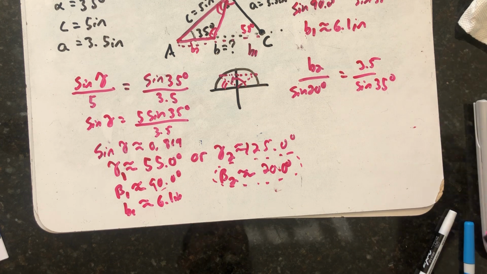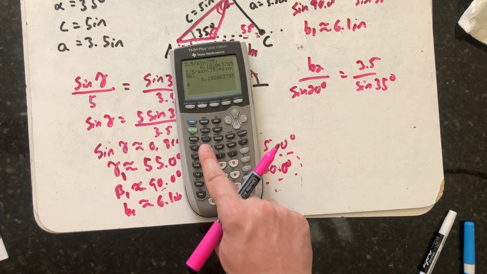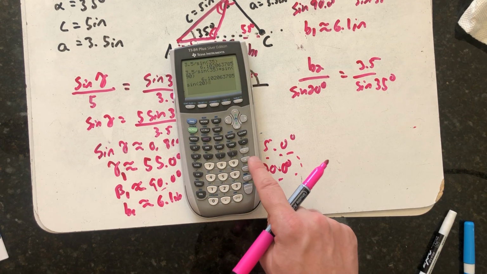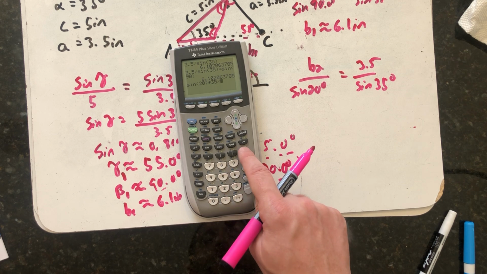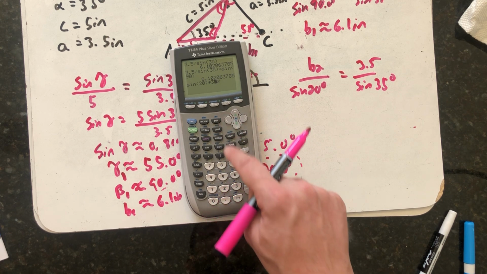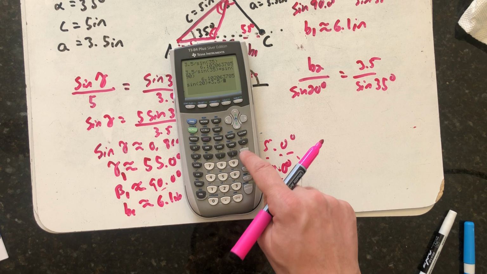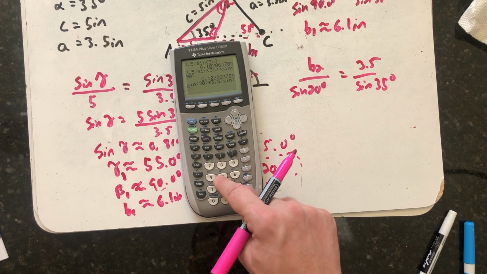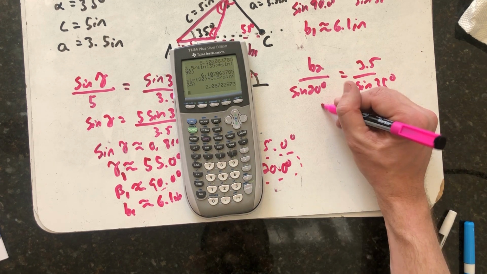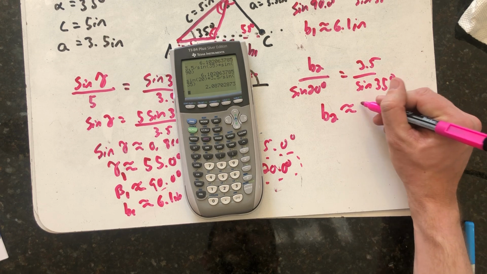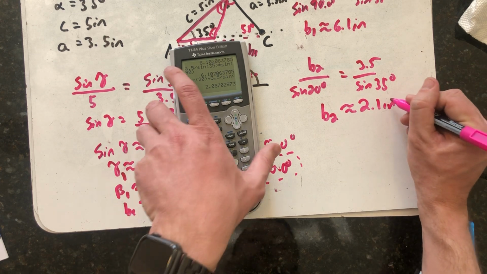So I have the same job to do. Let's multiply both sides by the sine of 20, so I get the sine of 20 times 3.5 over the sine of 35 degrees, and little b2 is approximately 2.1 inches.